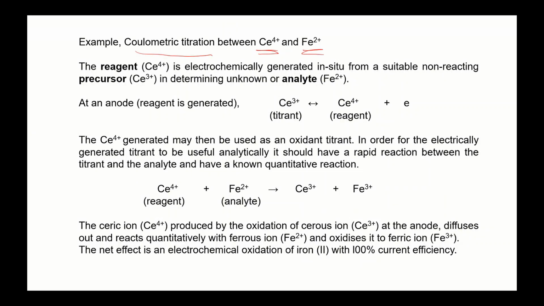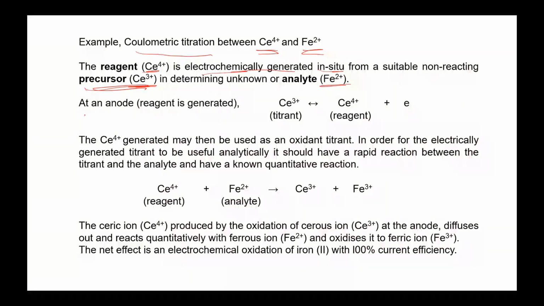The reagent is cerium 4, which will be generated in situ, electrochemically generated, using this cerium 3 as precursor in order to determine ferrum 2 plus.